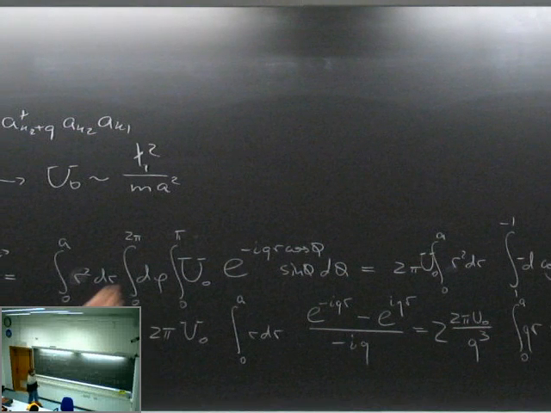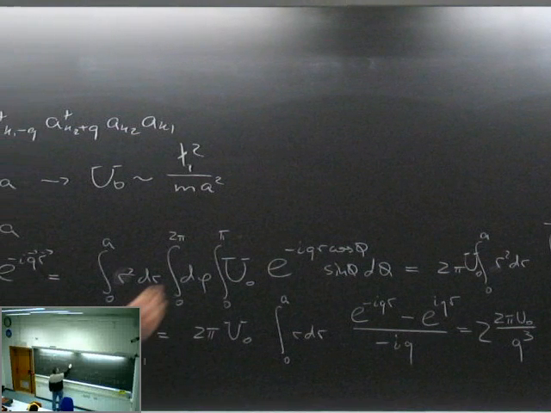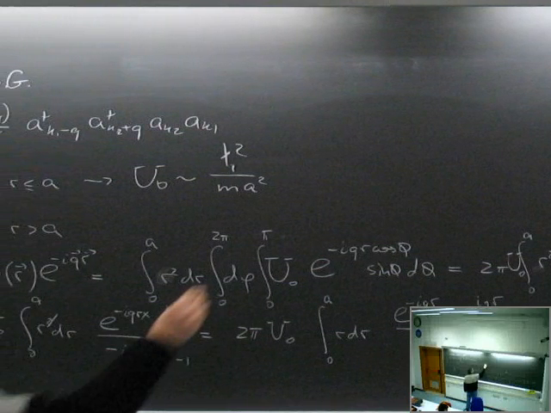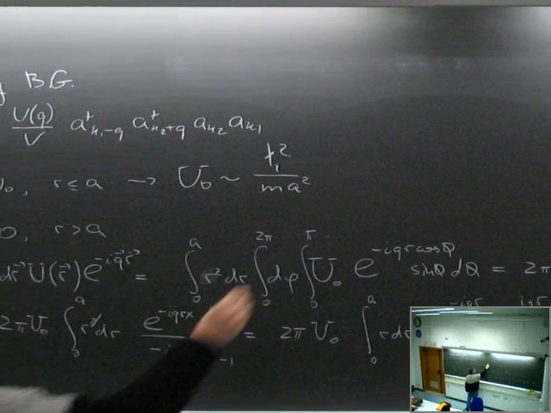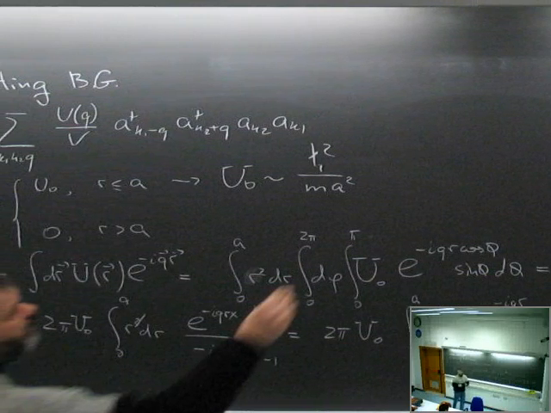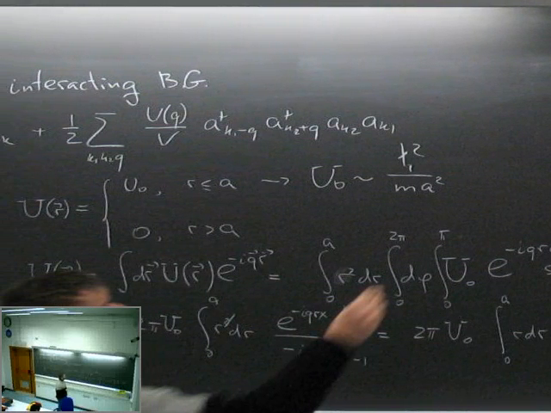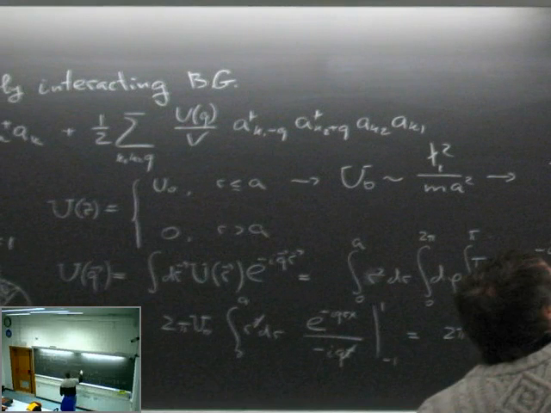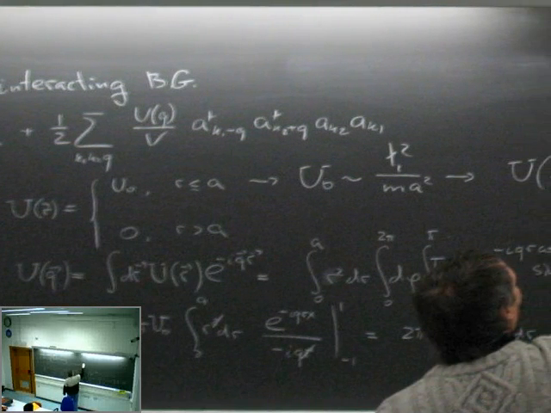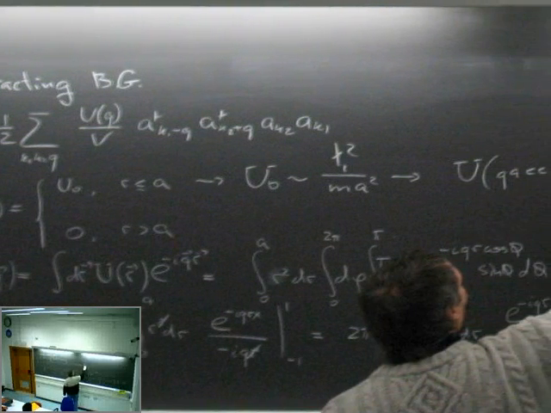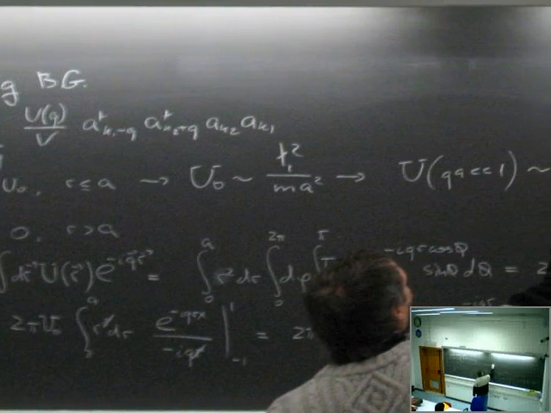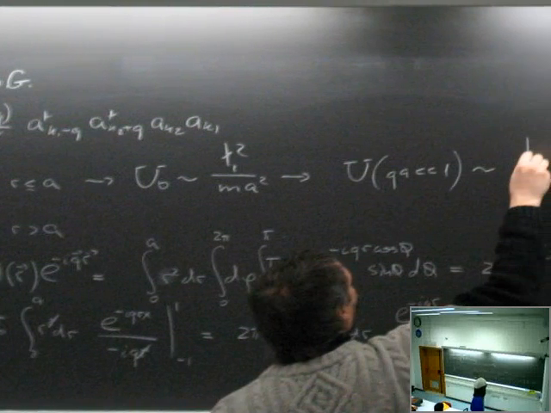If we plug it into the Fourier transform, we see that u at q a much smaller than 1, for this so-called contact interaction, where the bosons interact only when they collide, is 4 pi h squared a over m. I will keep 4 pi here.